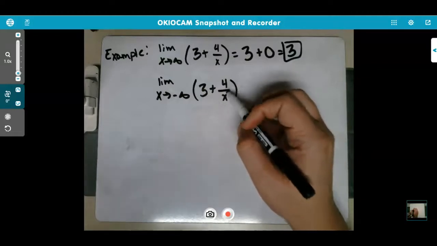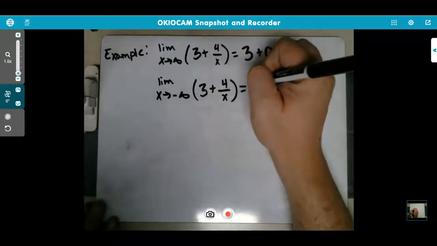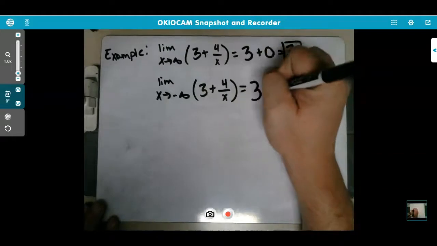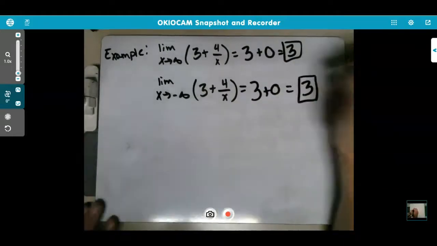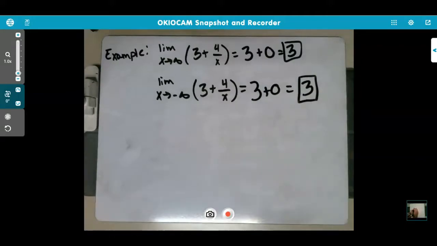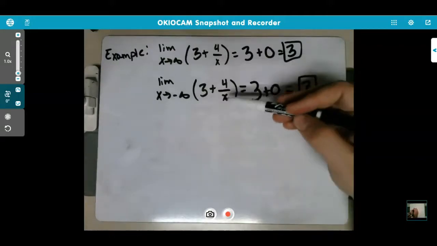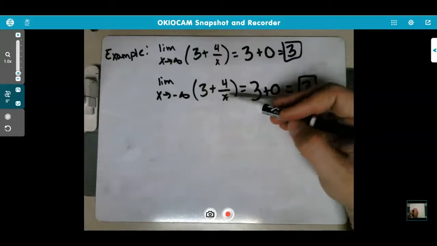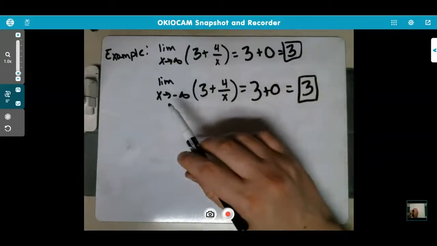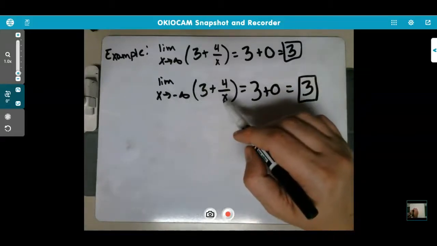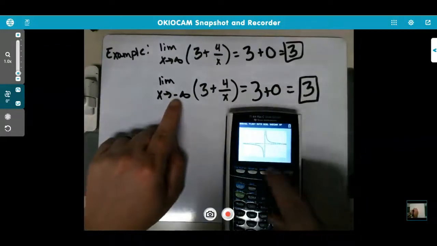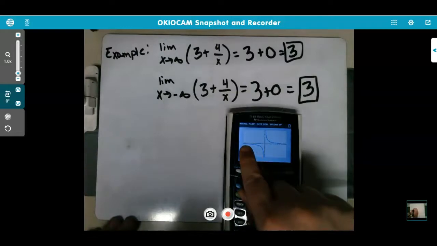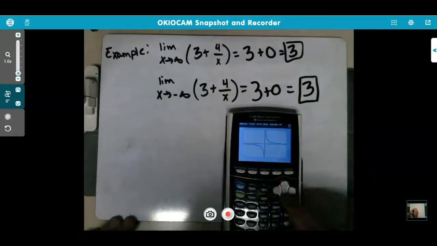So this is still approaching 0. So the answer I get will be 3. Again, because it's still 4 over a thing that's very big, it doesn't matter what the sign is because it's still big. Same thing if I look over here. If I go really far to the left, I see it's still 0.